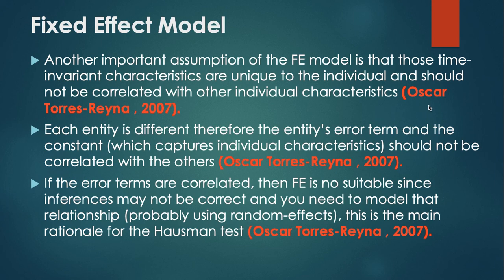Each entity is different, therefore the entity error term and the constant which captures individual characteristics should not be correlated with the others. If the error terms are correlated, then the fixed effect is not suitable, since inferences may not be correct and you need to model that relationship, probably using random effect. This is the main rationale for the Hausman test. We will talk about it later.